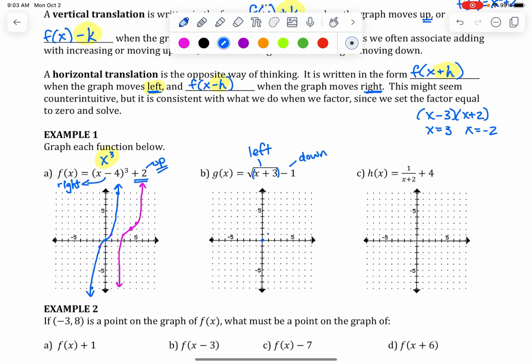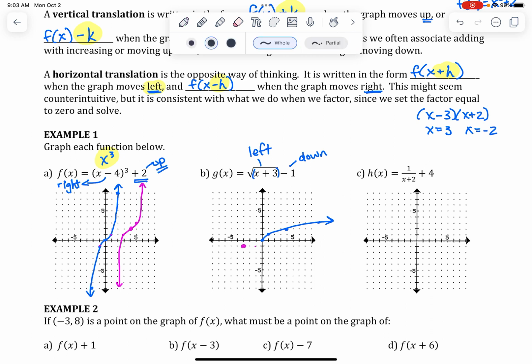Okay, so if you think of your parent function as the square root function, that's going to be starting at the origin and sort of moving up accordingly, right? So you have sort of a general graph like this. Again, you can do this on your calculator or use the table of points, whatever is easier for you. But then you're going to take all of those points and move them down 1 and left 3, right?